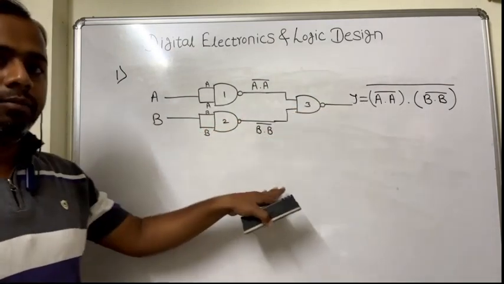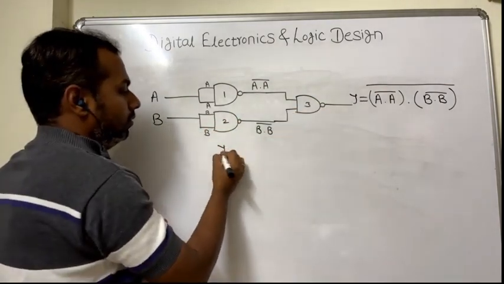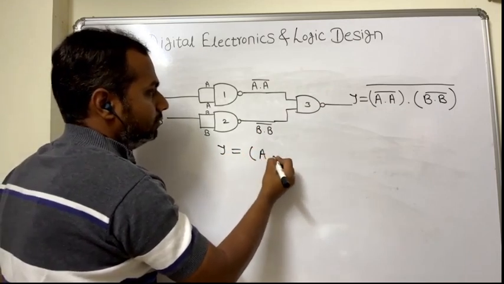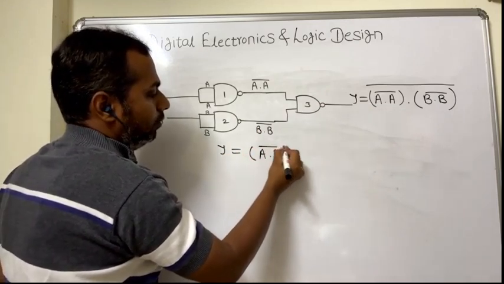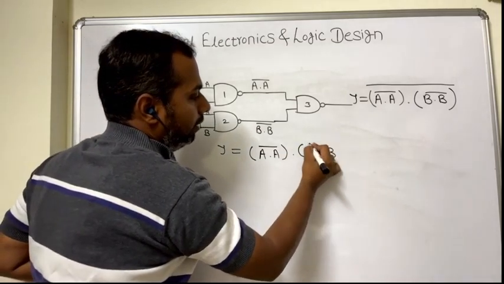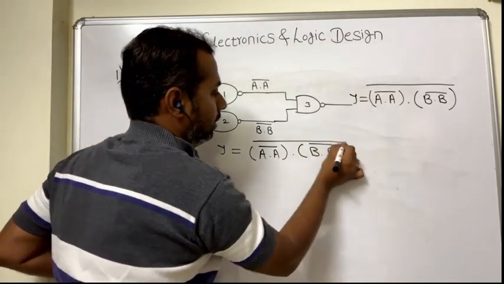Let me take that term here as it is. Why? We have to explore it, that's why I am taking it. A and A whole complement and B and B whole complement and entire term complement.